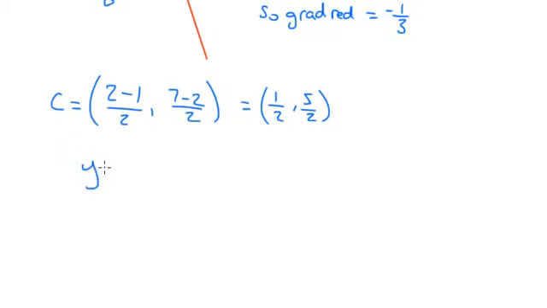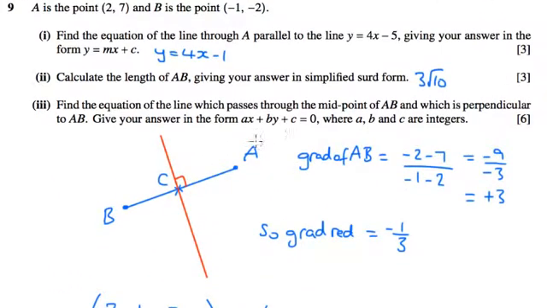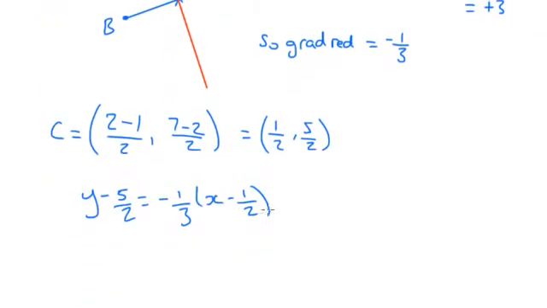So that's going to be y minus 5 over 2 equals minus 1/3 times x minus a half. Now the question wants the answer in this form, where a, b and c are integers, so we're going to have to get rid of all these fractions.